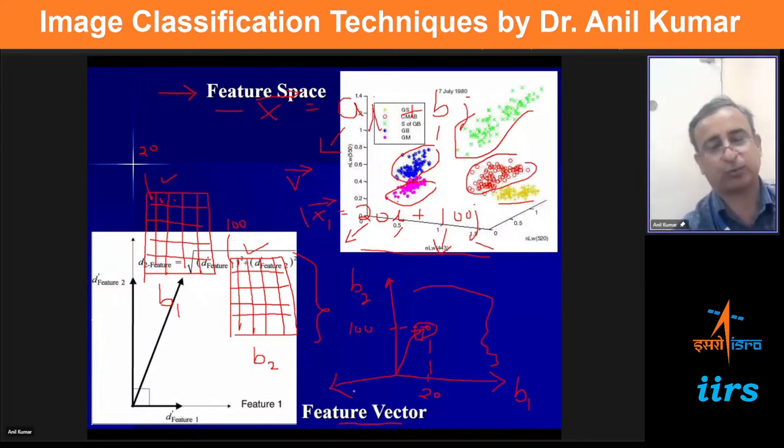In my image, there can be 10 bands, 20 bands, 100 bands, but I can plot only 3 bands at a time. That's the limitation of this feature space. But we can see how the objects are looking through the feature space and not the image, right? So here you can see the agriculture, built up, forest, water, and so forth.